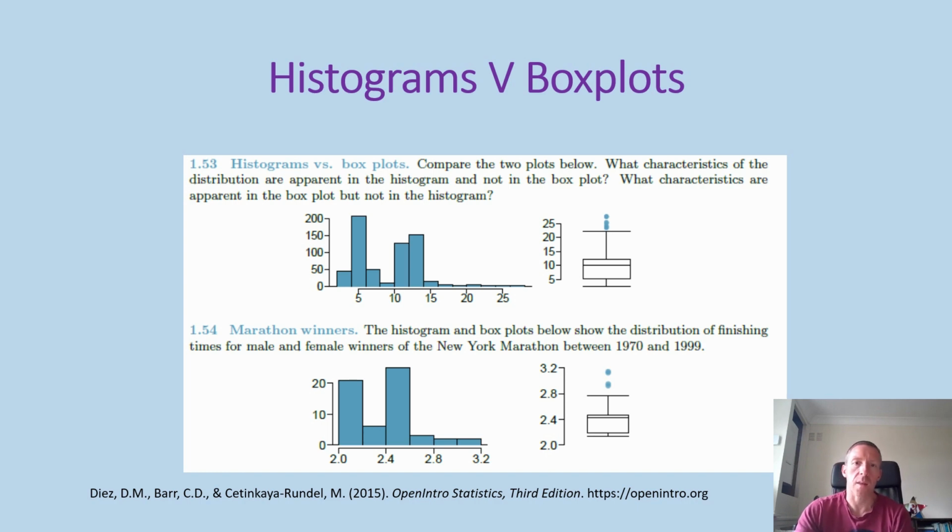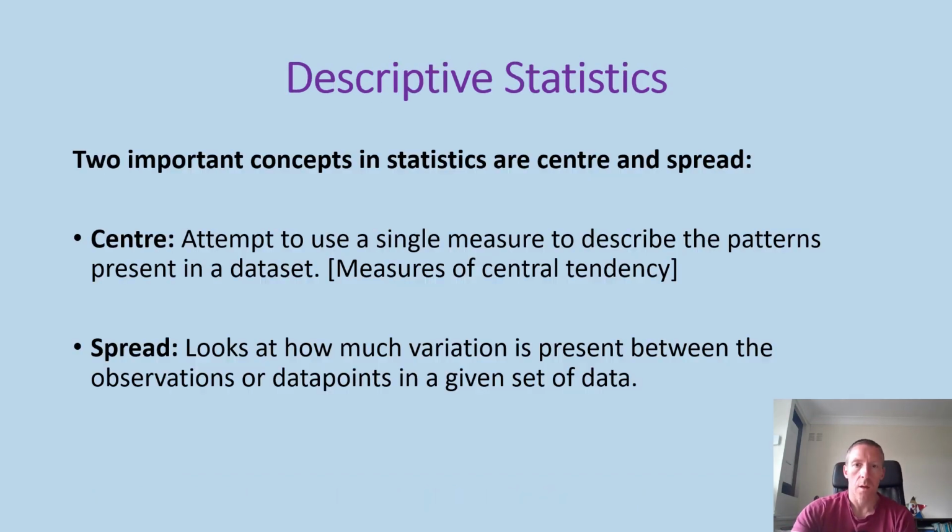You've got two peaks there, one around 5 and one around 12 or 13. You can't see that clearly in the box plot, but the box plot does give us a better idea, with the line through the middle, of where the center sits. It's roughly around 10, and it also tells us we've got three or four outliers in that data set as well.